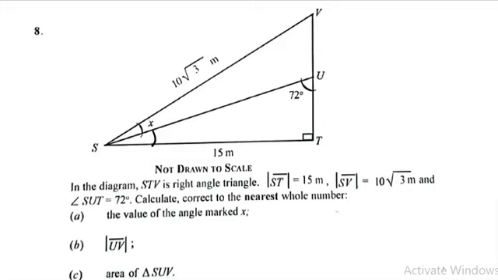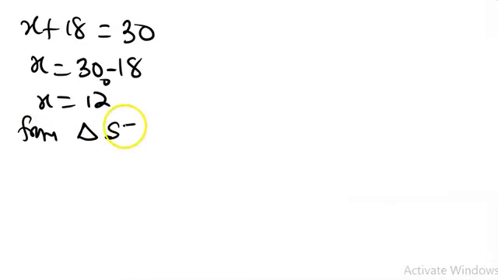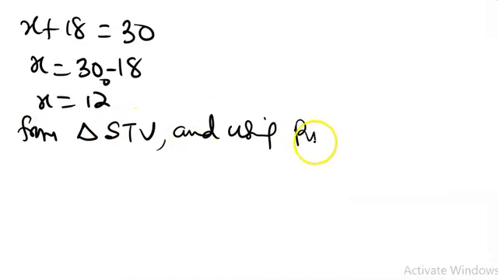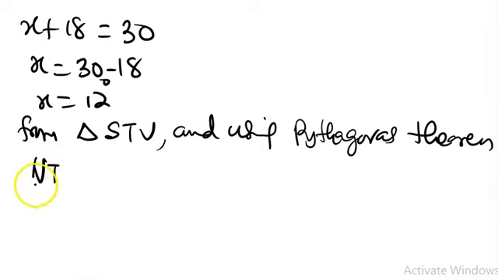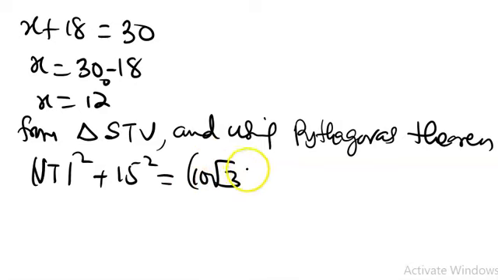Now let's go back to the diagram. We are to find UV. To be able to find UV, we need to know the whole length VT and then find the side UT too. Then when we subtract, we will get UV. So looking at the bigger triangle STV, this is the hypotenuse, this is the adjacent. So from triangle STV, using Pythagorean theorem, we have VT squared plus 15 squared is equal to (10 root 3) whole squared.